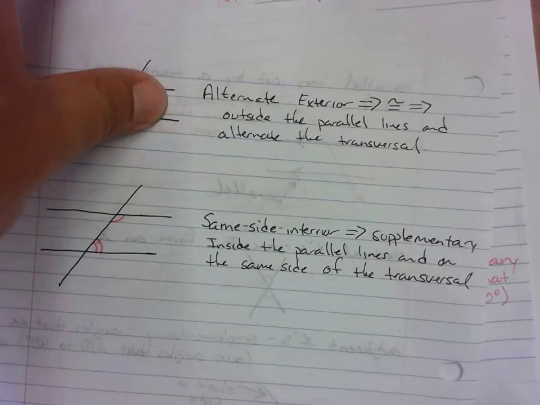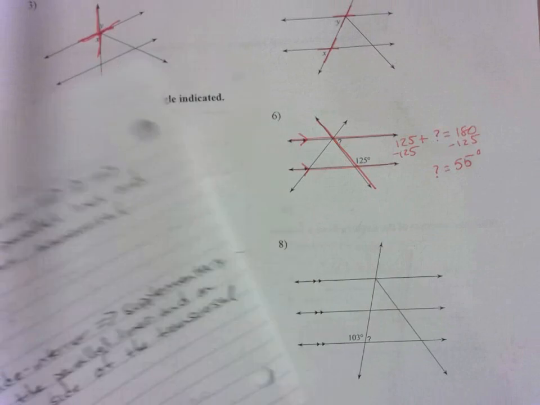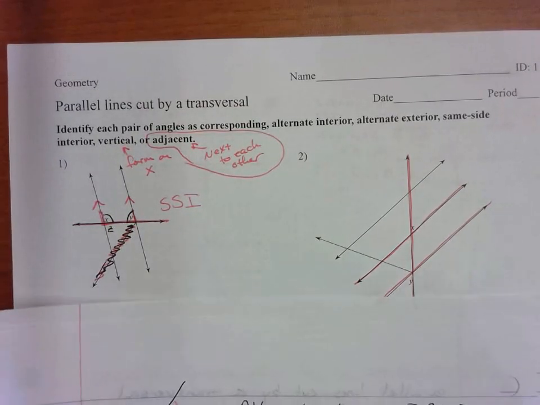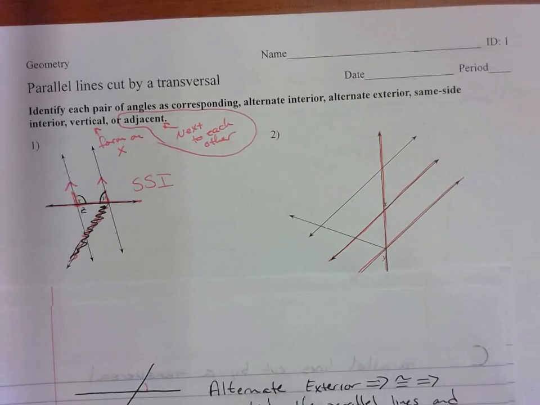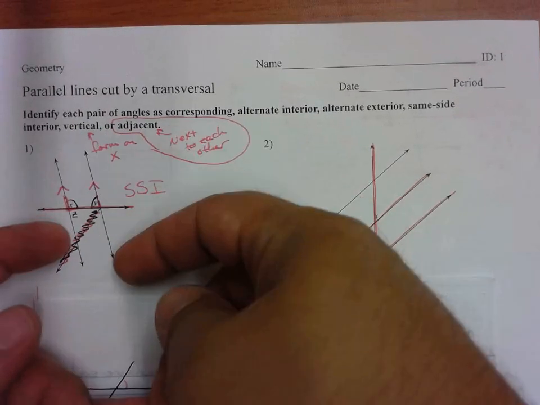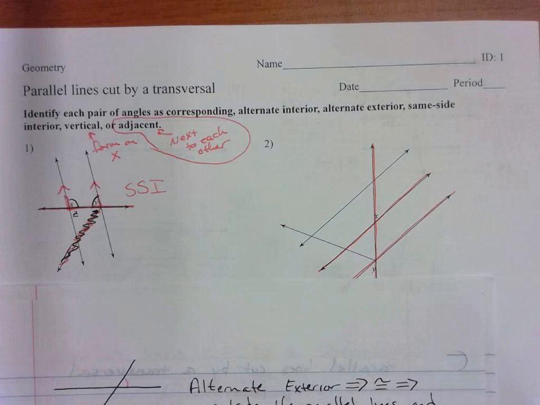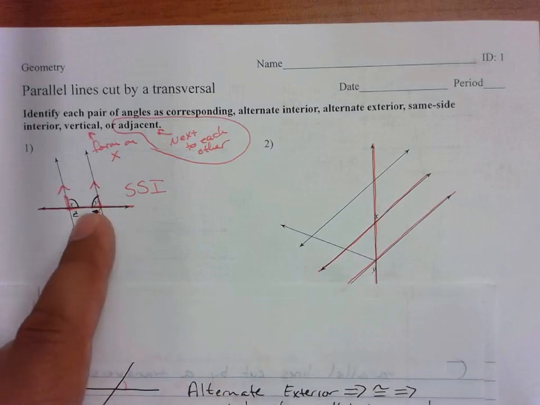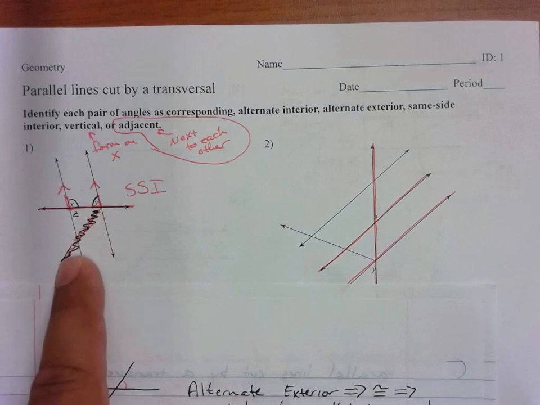Oh, he's back. All right, let's look at number one. For the first section, all they're asking you to do is name the angle pair. In number one, the two angles are inside the parallel lines, and they're on the same side of the transversal. I scribbled this line out because a lot of these pictures have too many lines.